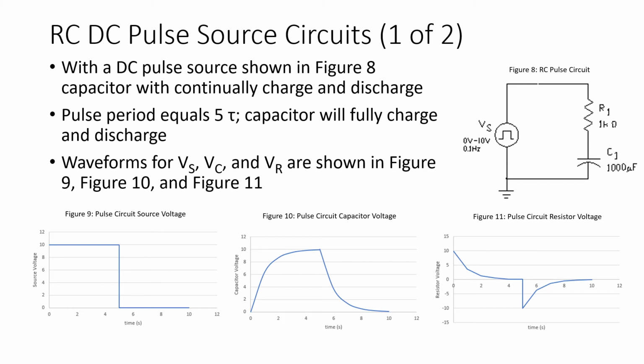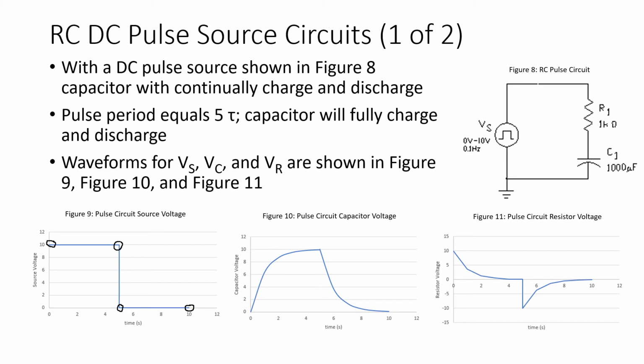So the pulse goes from 0 volts to 10 volts, stays at 10 volts for a period of 5 seconds, and then goes to 0 volts and stays at 0 volts for a period of 5 seconds. So the capacitor begins charging at 0.